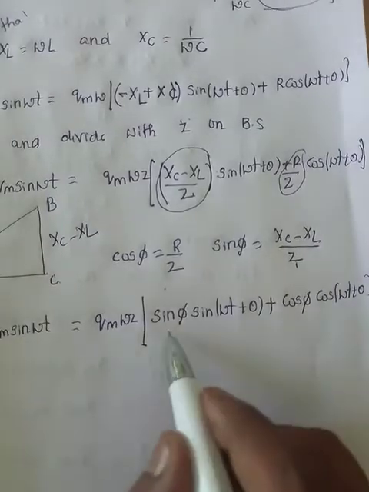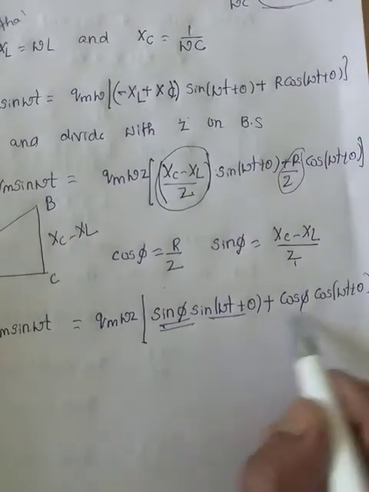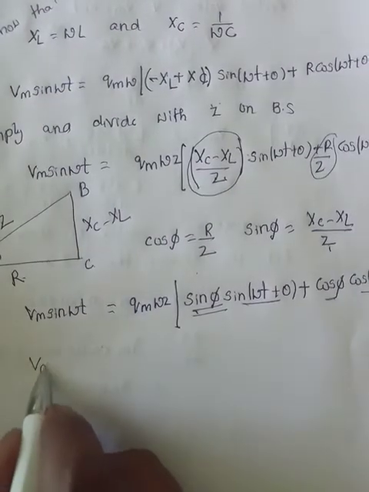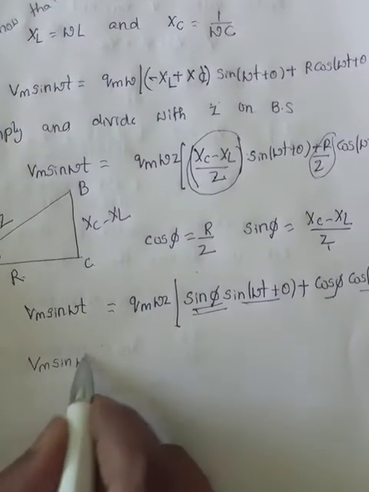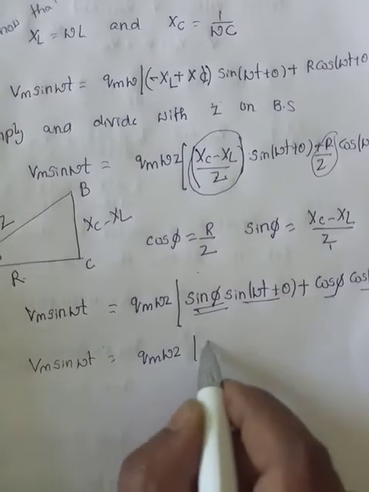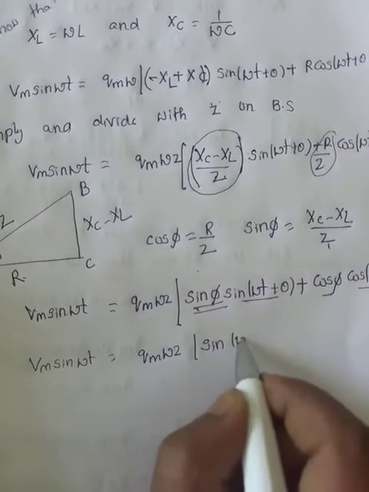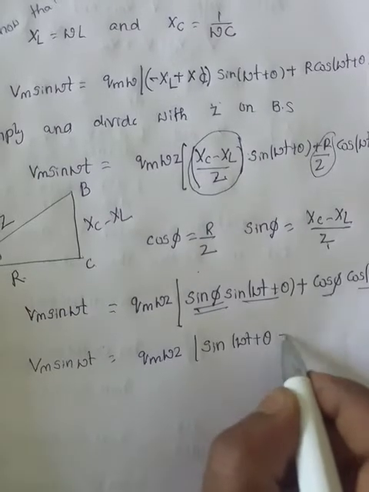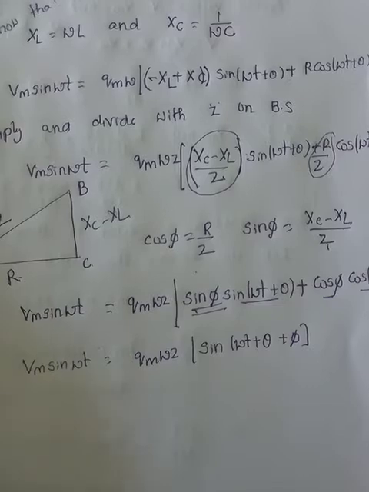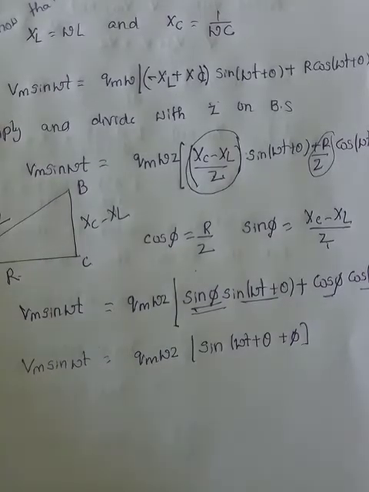This is of the form sin A sin B plus cos A cos B, which is equal to cos of A minus B, that is sin of omega t plus theta plus phi. Is it right? Clear?